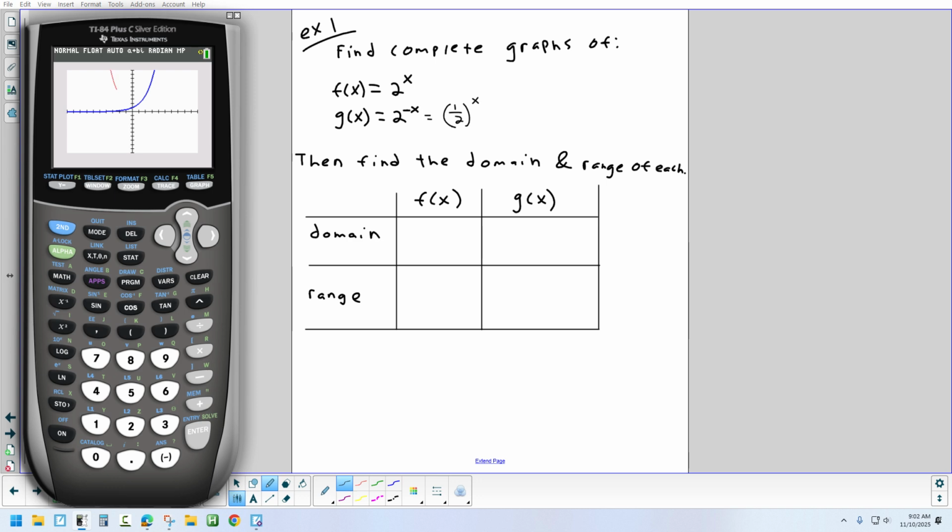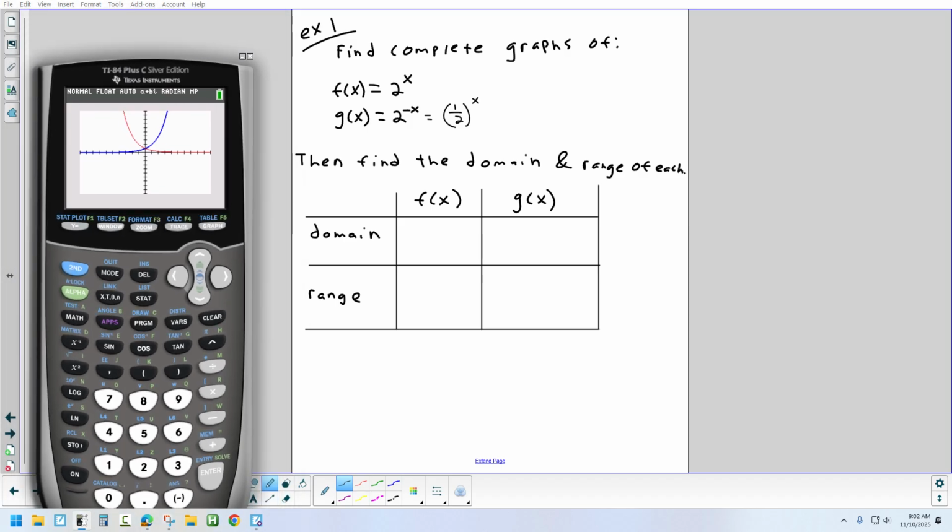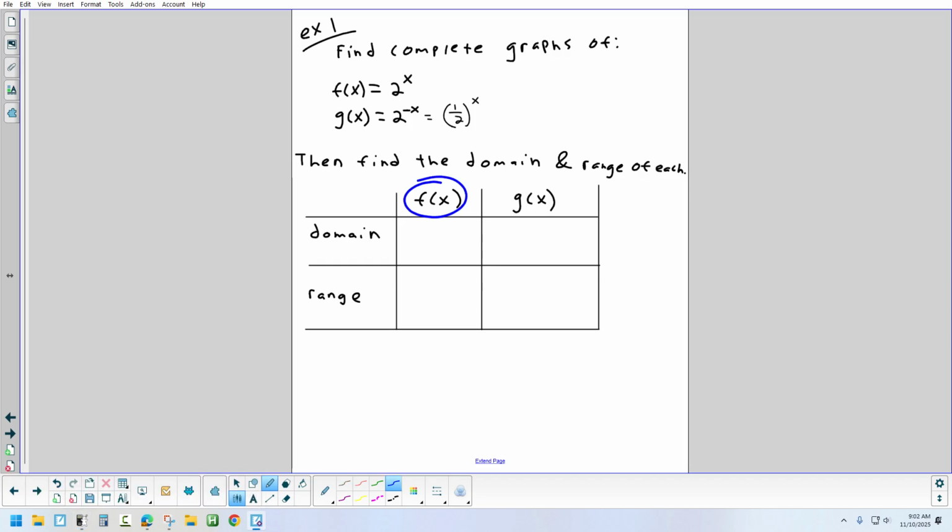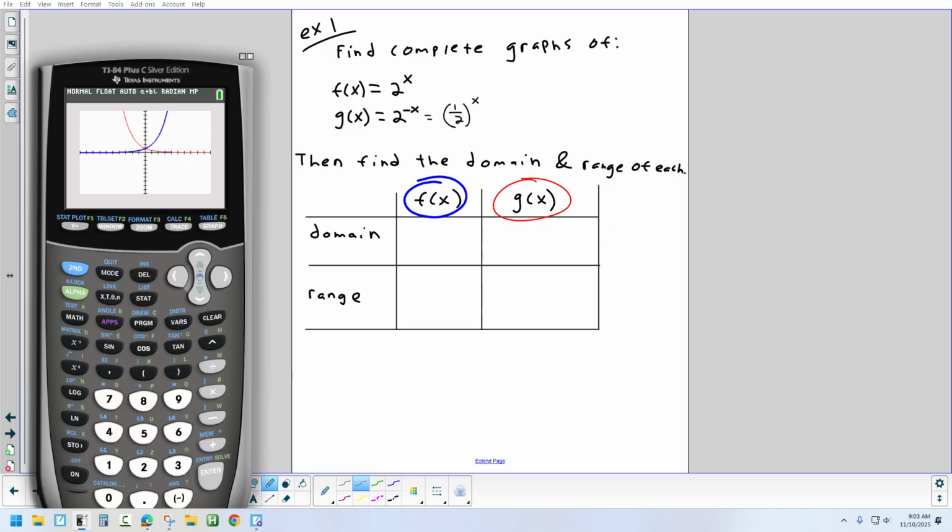So these two graphs should look like horizontal reflections of each other. Okay, let's start with the domain of each. What's the domain of f of x, which is the blue one? How about, Dario, what's the domain of f of x?